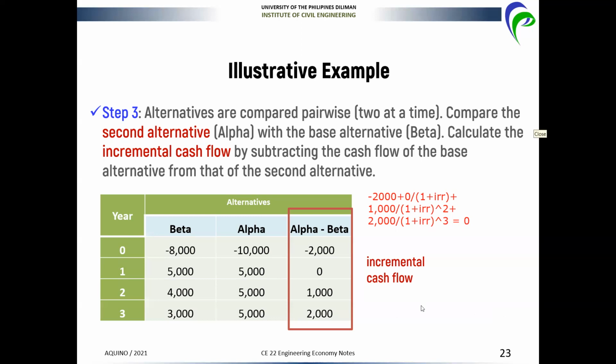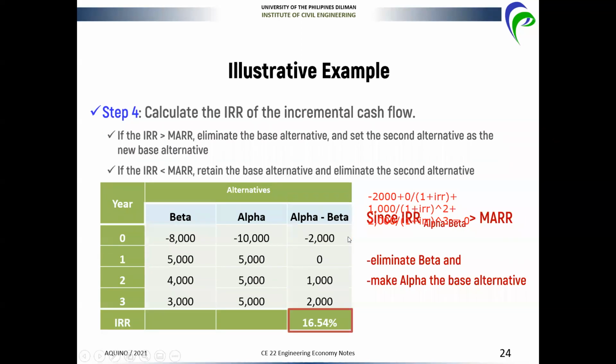So ayan, may nakita na akong isang answer. How about the others? Okay, so yung IRR nung incremental cash flow ng alpha minus beta is equal to, reveal natin, 16.54%. Correct naman yung mga pinadala nyo sa akin. Ano ibig sabihin? 16.54% yung IRR natin.